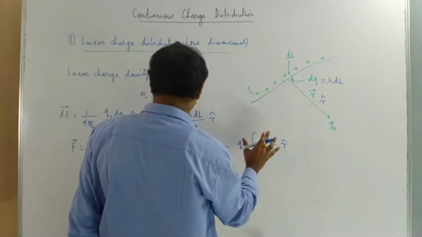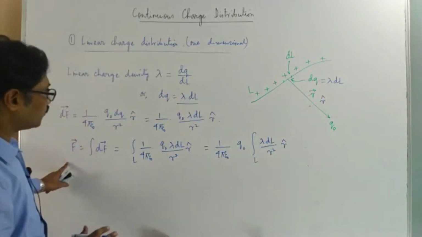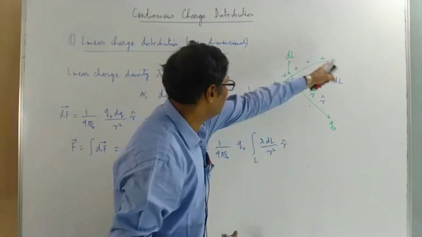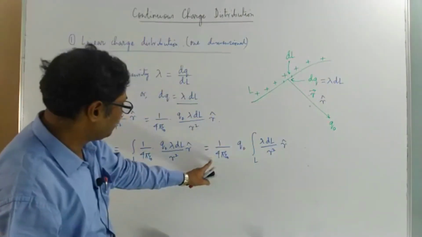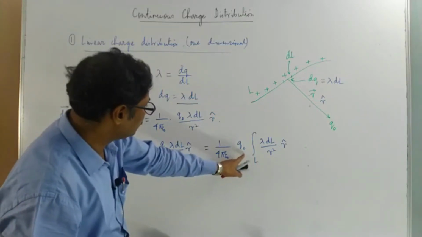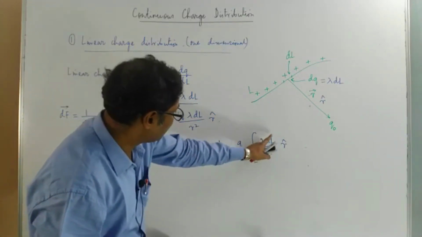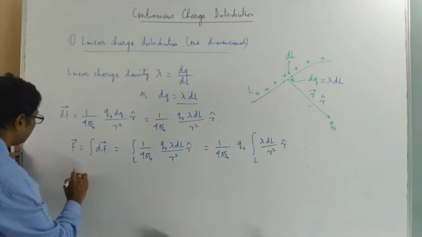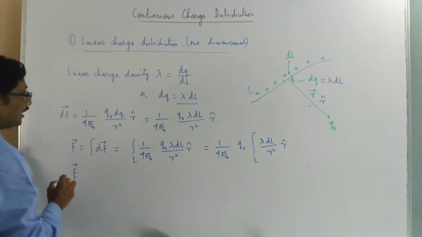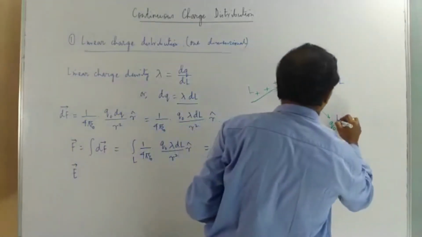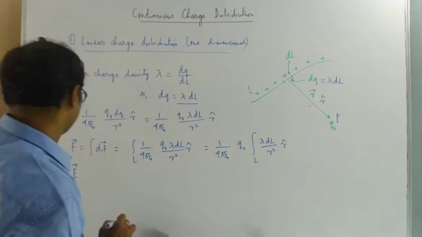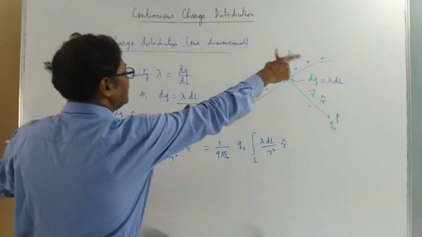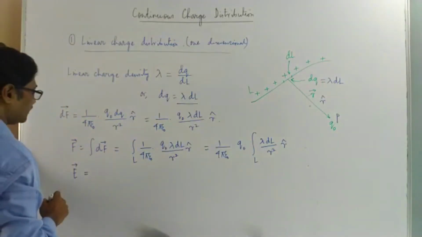So I have to write the expression for force on q0 due to this entire length is equal to 1 by 4 pi epsilon 0 q0 integration over L lambda dl by r square into r cap. Similarly, you can calculate the electric field at the point P due to this entire charged wire.